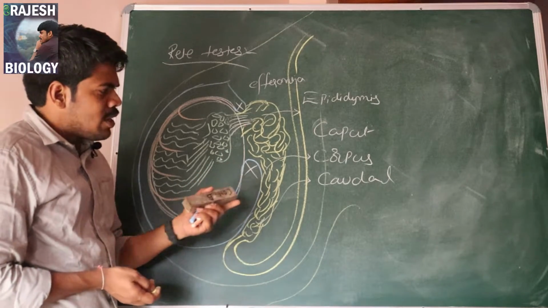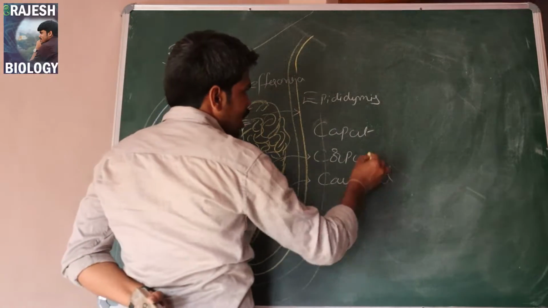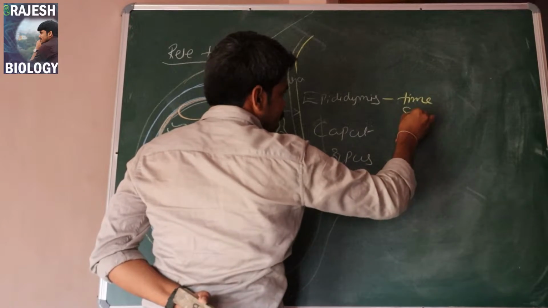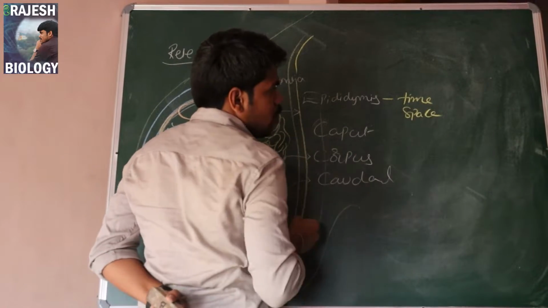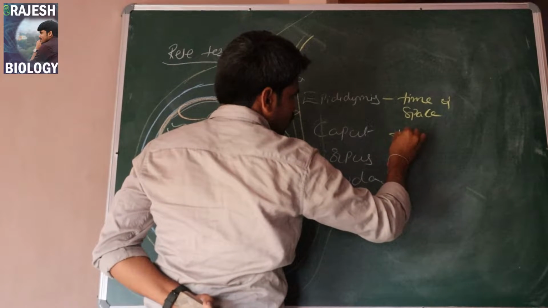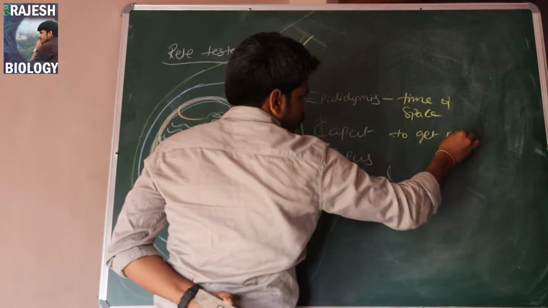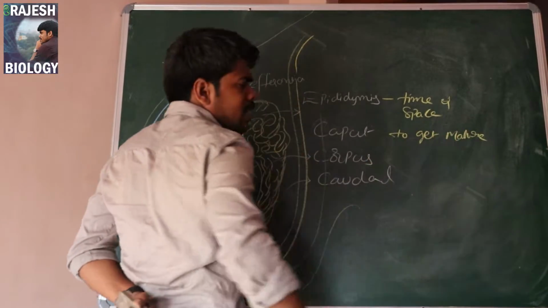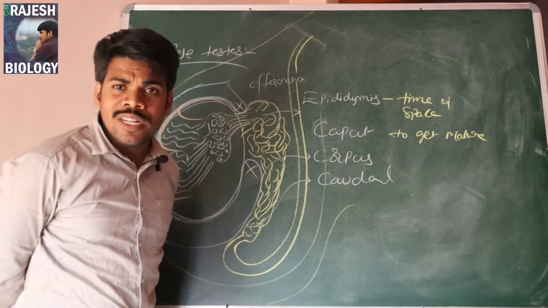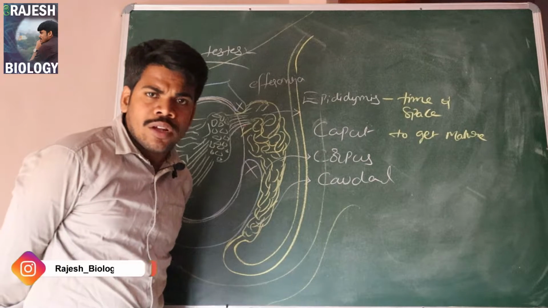Clear about the epididymis? Now come to the epididymis functions. What is the function of epididymis? Epididymis gives time and space for the sperm cells to get mature. So sperm cells get mature within the epididymis before ejaculation, and epididymis provides nourishment also.